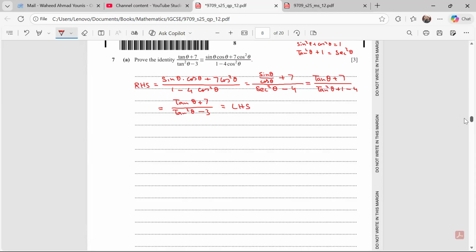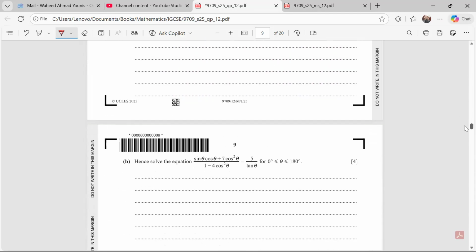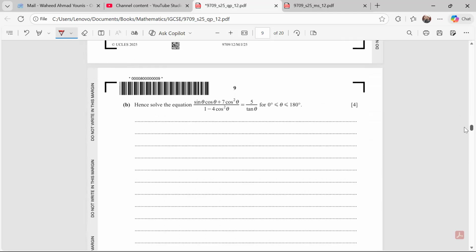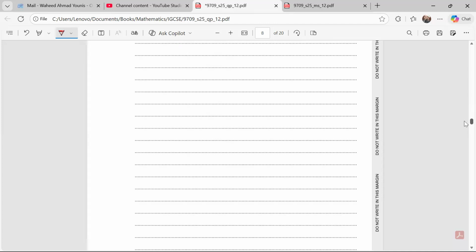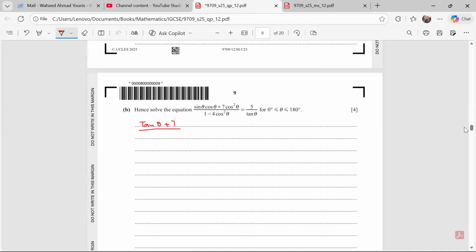Okay, now the part B of this problem, it says use the same identity and solve this equation. So what I will do, this left side of this equation, I will replace it with what I did in part A, and that was tangent theta plus 7 over tangent square theta minus 3.